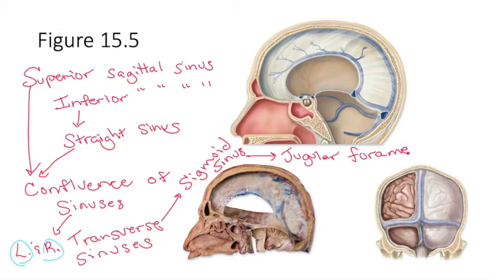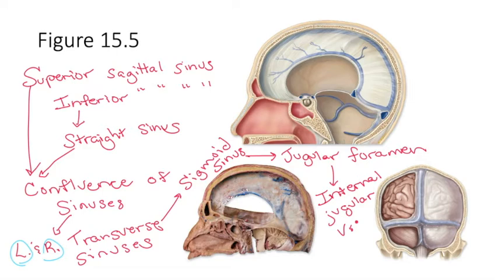And then the blood, after going through the jugular foramen, would then be in the internal jugular vein. Again, V period for vein. Yes, there is an external jugular vein. We will not learn it till Unit 4, so don't worry about it.